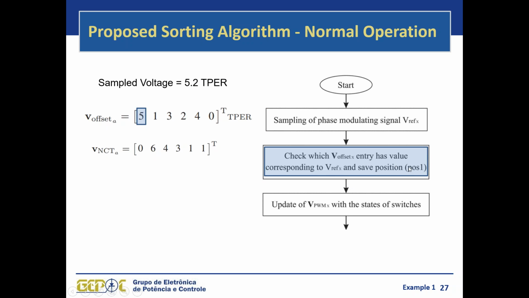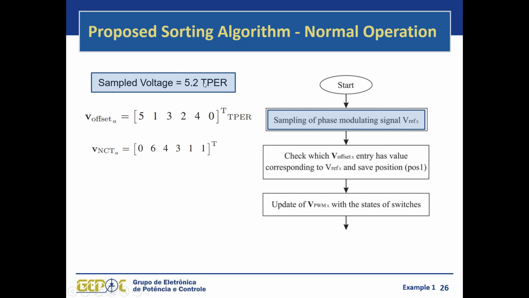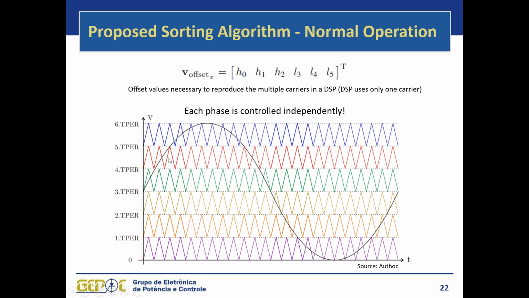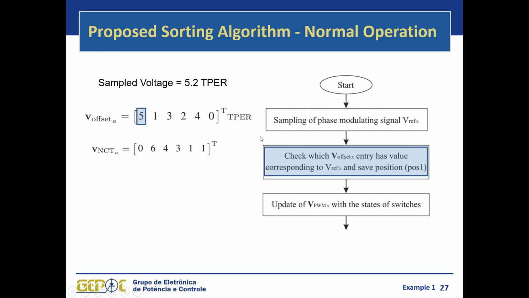And the second step is to check which V offset entry has the value corresponding to the reference, and save this position. So here we have that the sampled voltage is 5.2 T peak. If you take a look at this figure here, the modulating signal is somewhere like this. So it is associated with this upper carrier. And in the V offset vector, we can see that the entry associated with this specific interval of the sampled voltage is 5.